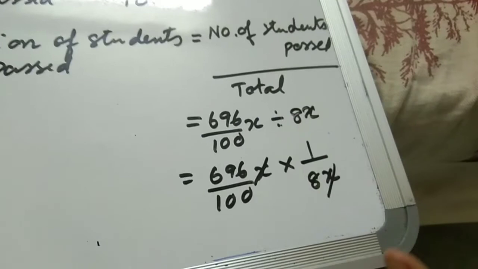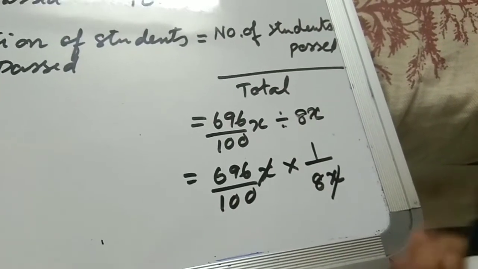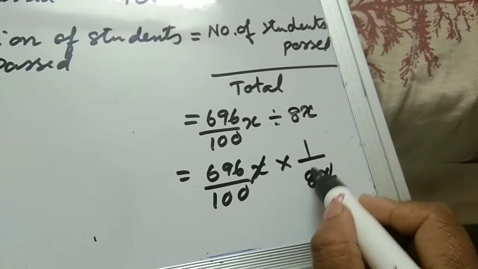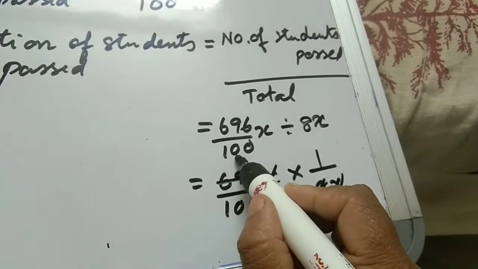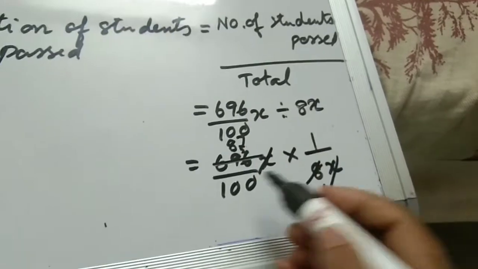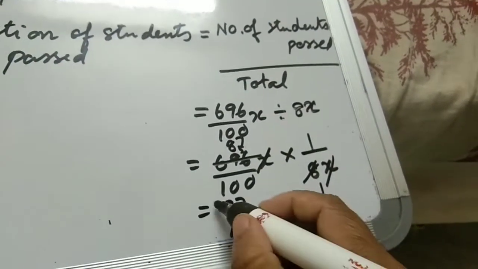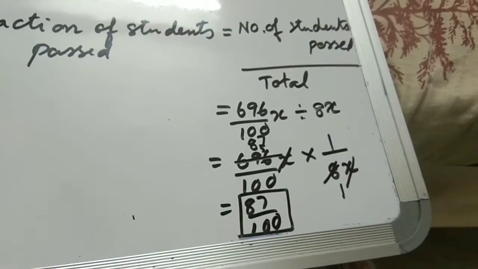Here again I am not going to do any cancellation. Okay, 8 and 696 can I cancel? So 8 goes once. Here 69, it goes 8 times. 64, remainder 56, 7. So I am getting here 87 by 100. So this is the fraction of students who have passed.